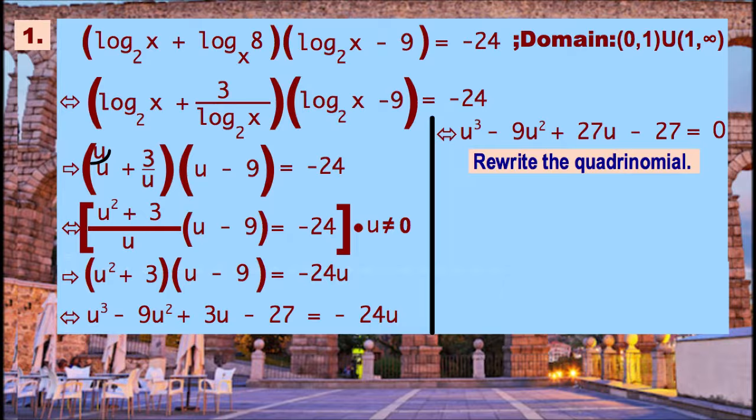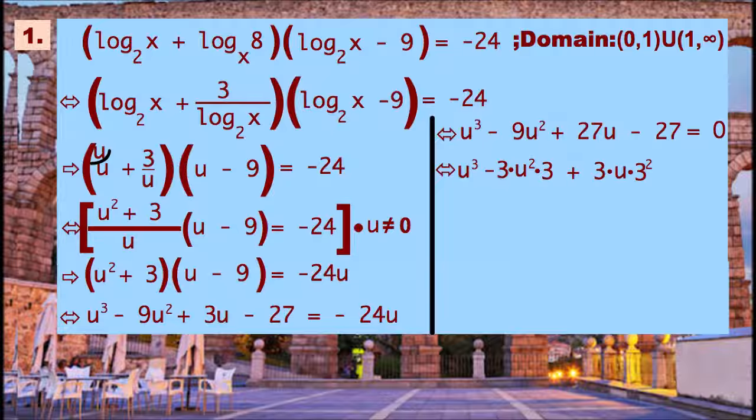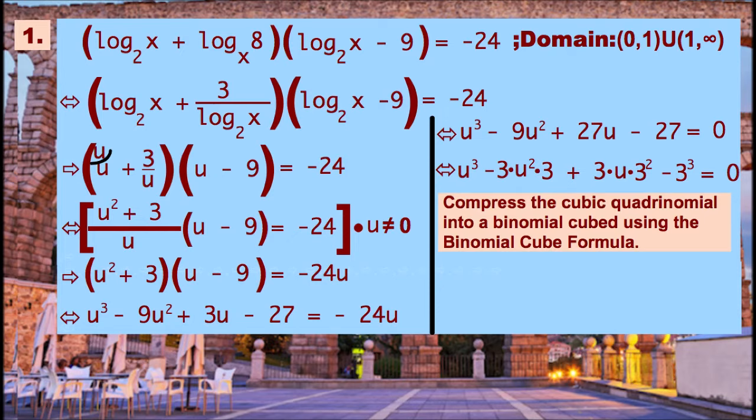Let's rewrite this quadrinomial: u cubed minus 3 times u squared times 3 plus 3 times u times 3 squared minus 3 cubed equals 0, which is equivalent to, now we compress the cubic quadrinomial into a binomial cubed using the binomial cubed formula.